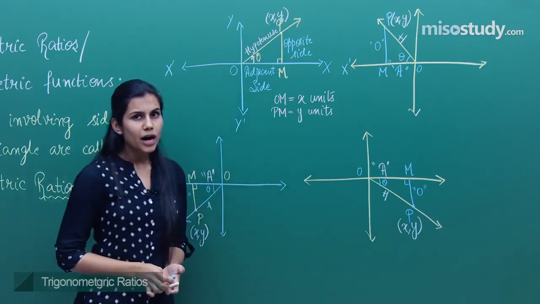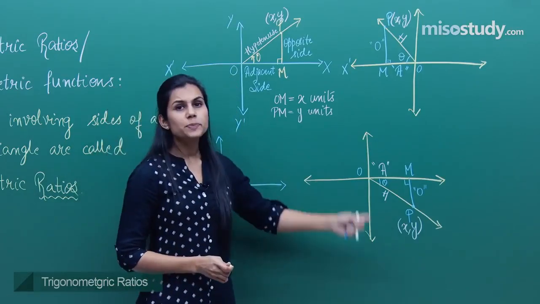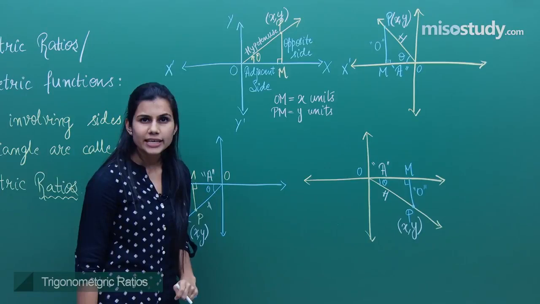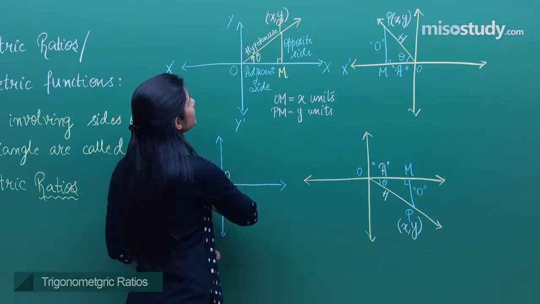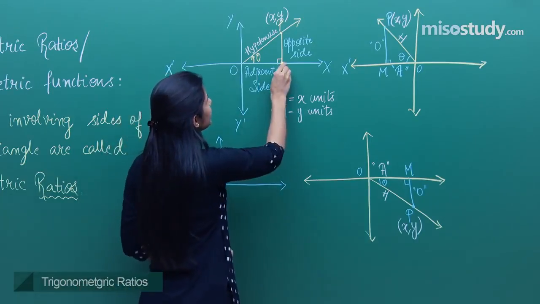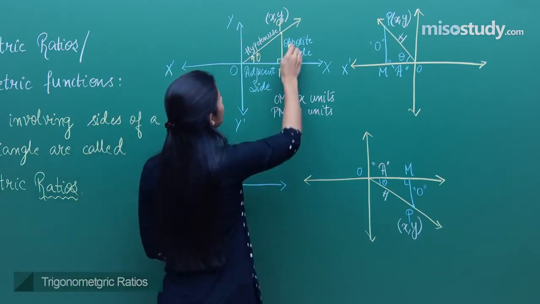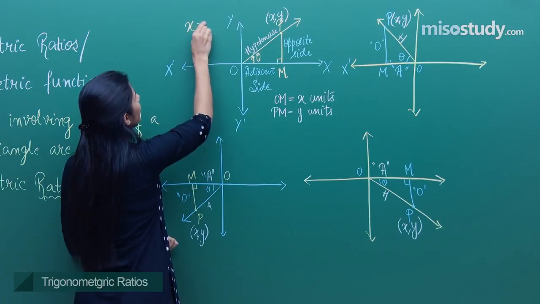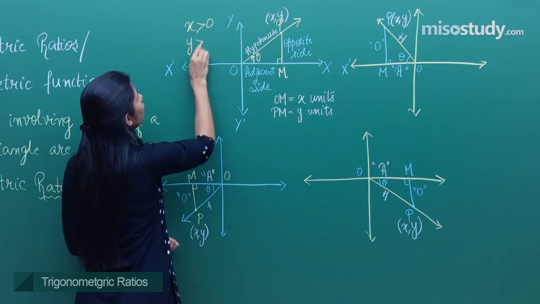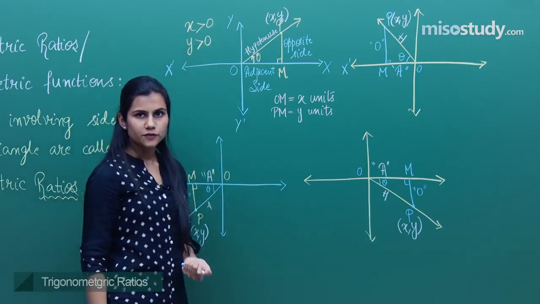What is special about the difference between x, y in all the four cases is that in the first case, your x and your y both are positive. In this case, your x is positive and your y is also positive.